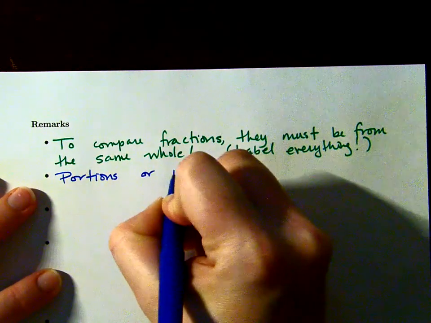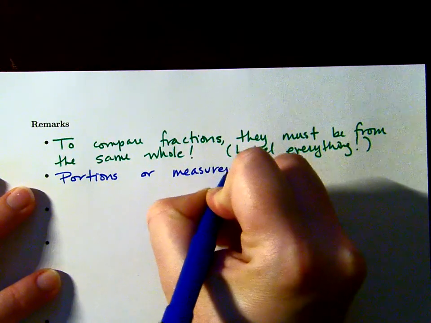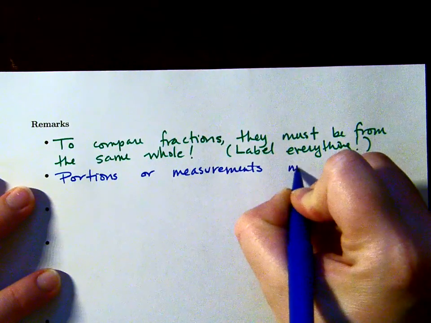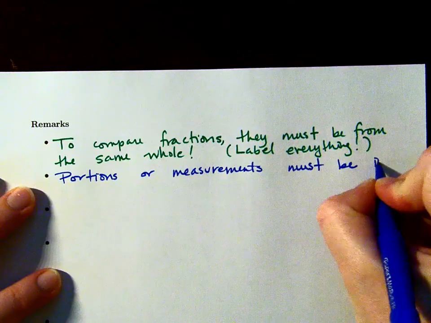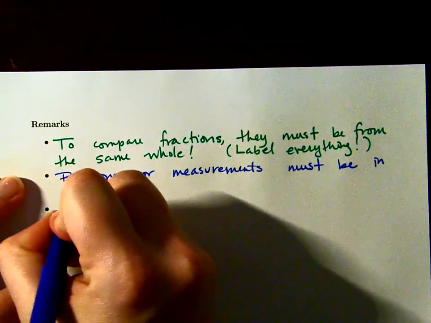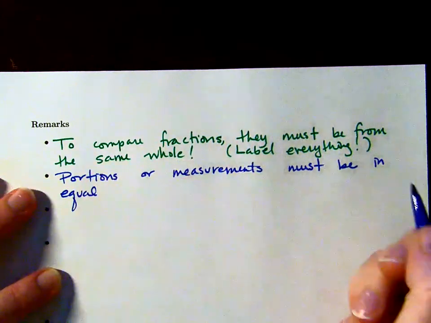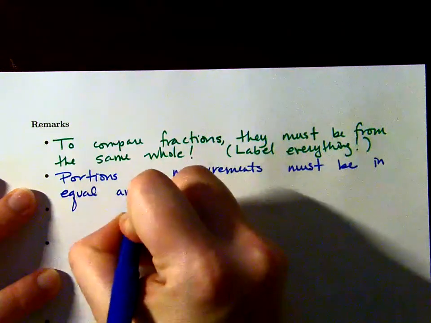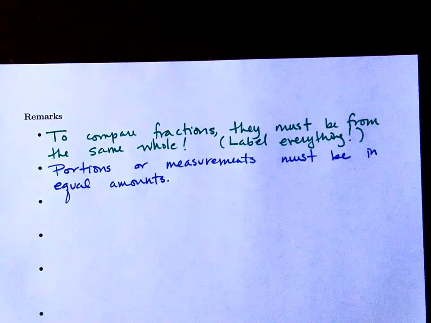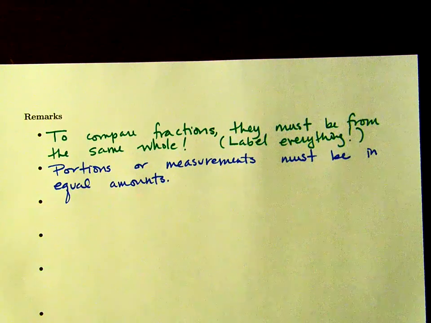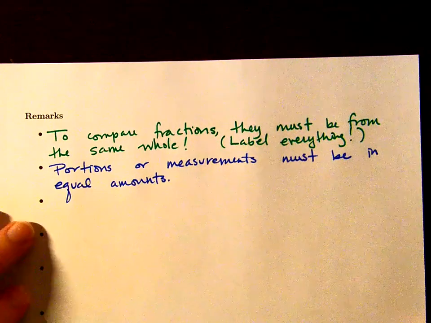Portions or measurements must be in equal amounts. Okay, this is like the idea of giving an unfair advantage, and then it kind of takes away the meaning of the fraction altogether.